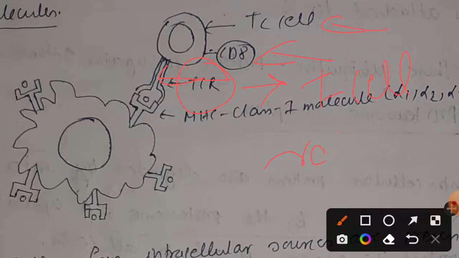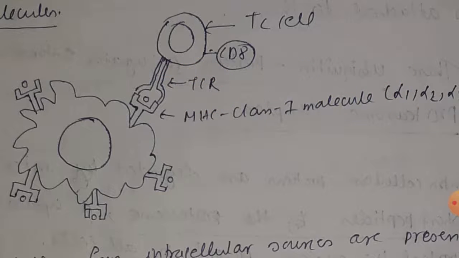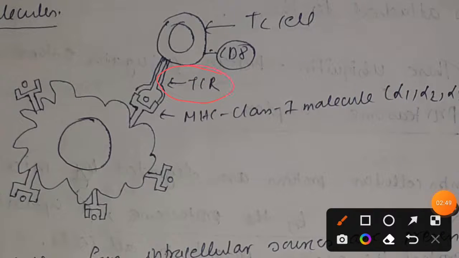Let me clear up one more thing: when I discuss the processing of antigen in case of MHC class 2 molecule, there you will also find the term TCR. Both are the same. I will also talk about the details of T cell, and there I will mention the concept of TCR, so don't worry.